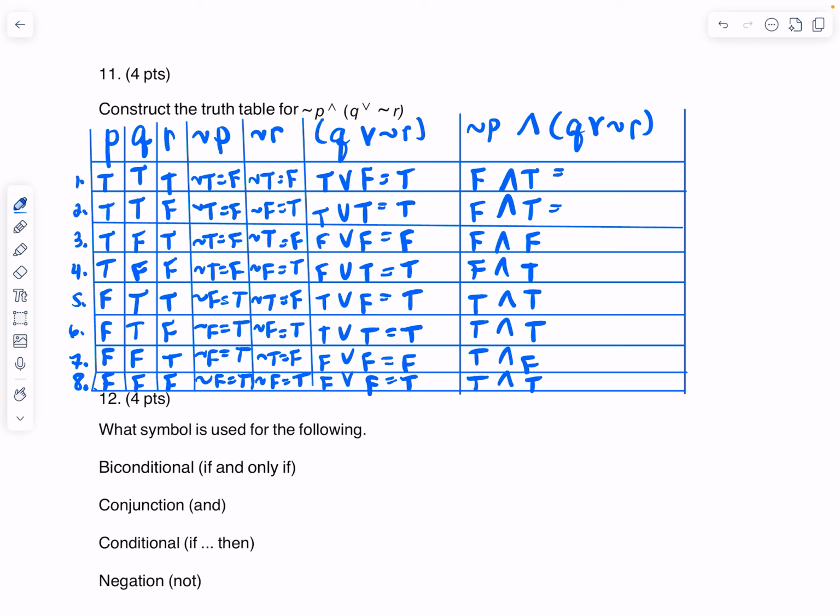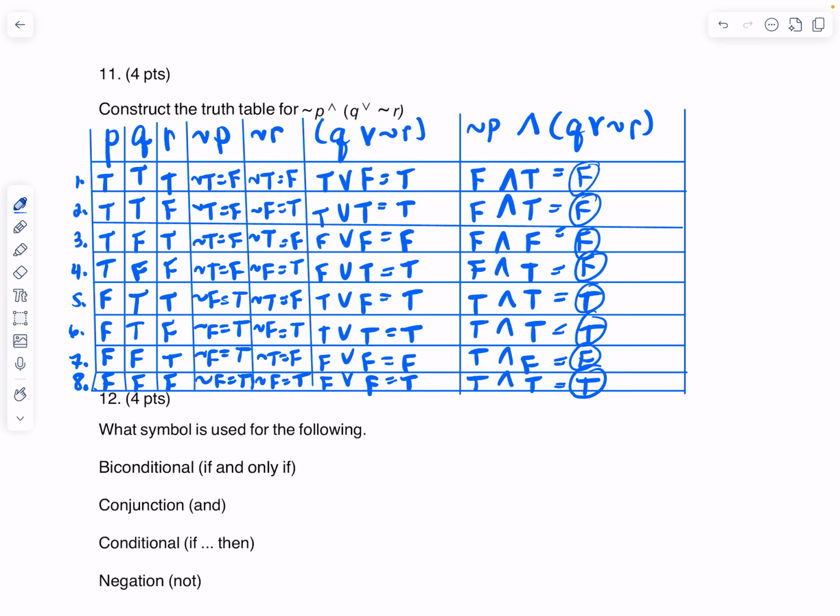Now it's an and. The only time and is true is when both of them are true. And that happens in row 5 and also in row 6 and in 8. Otherwise, it's going to be false. Okay, so false, false, false, false, true, true, false, true is the answer. All right, that was number 11.